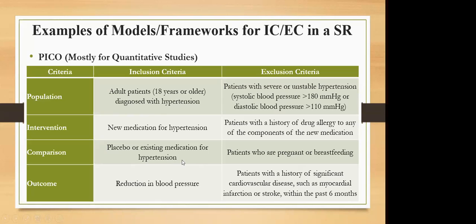Now, remember, what improves the quality of evidence in your systematic review is that you have followed the inclusion criteria properly and you have excluded studies that do not fall within your criteria. So in your next class on search strategy and study screening, you will need to formulate your search strategy based on your inclusion criteria.